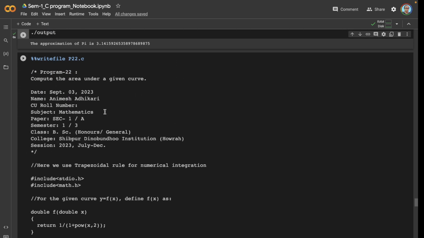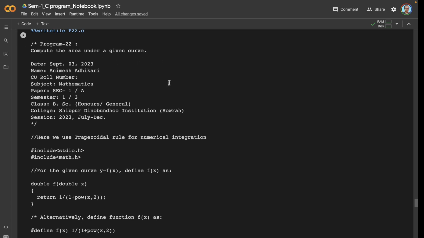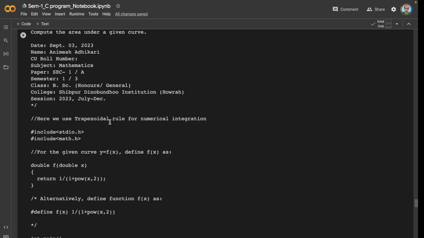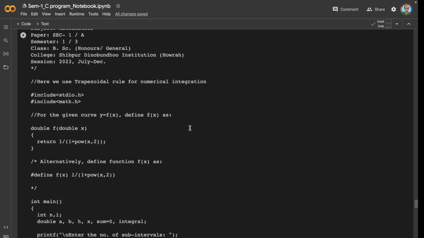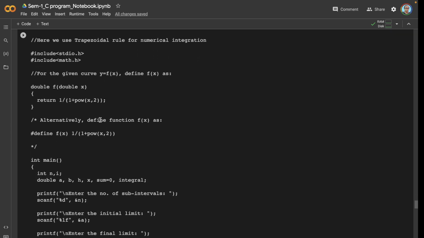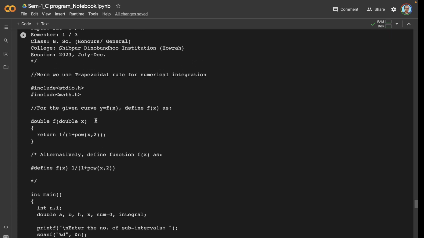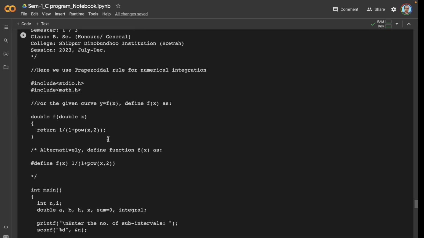Problem 22. Compute the area under a given curve. Actually, we use here the trapezoidal rule for numerical integration. First we define the function, the integration of f(x) dx, where f(x) is y equals f(x). First we define it as double f with argument double x.